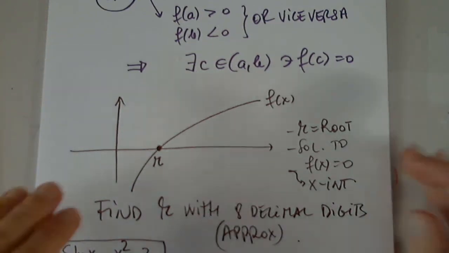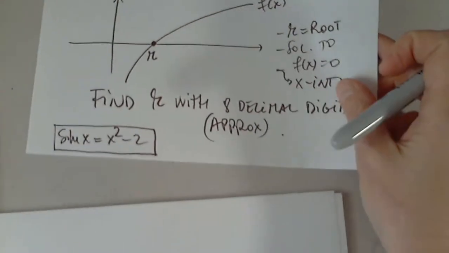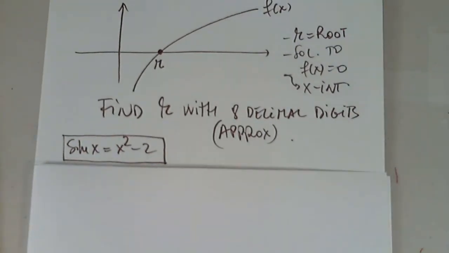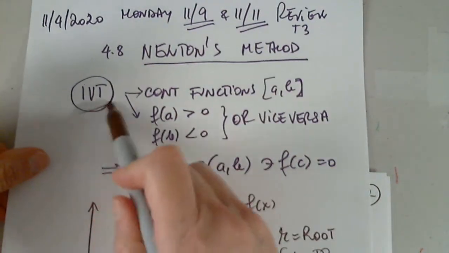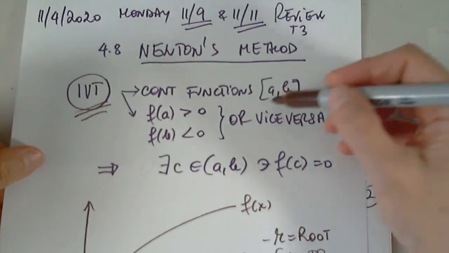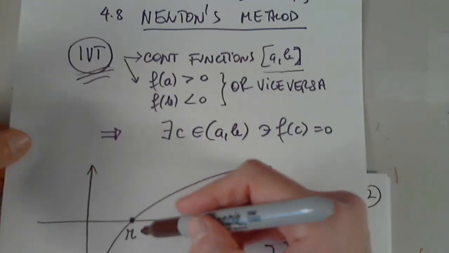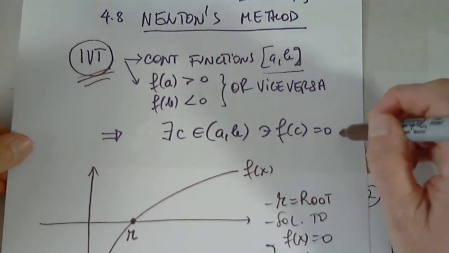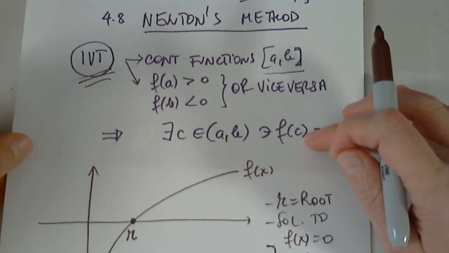First, I would like you to understand that we have to find an interval. The IVT gives us an interval where the solution exists. It doesn't tell us what it is, as we discussed a long time ago. The intermediate value theorem does not find c.